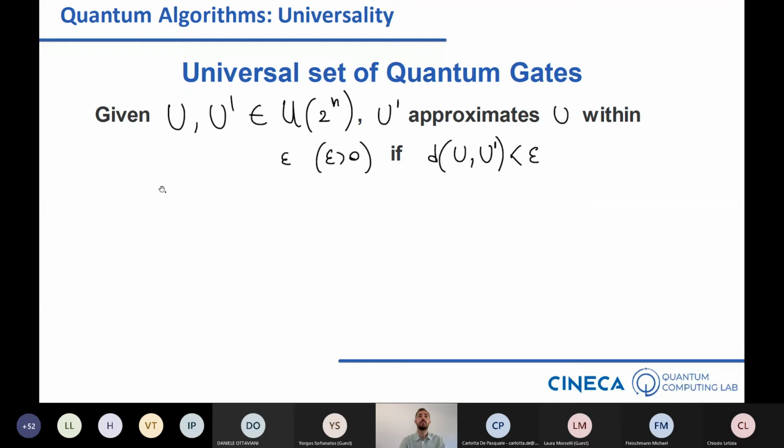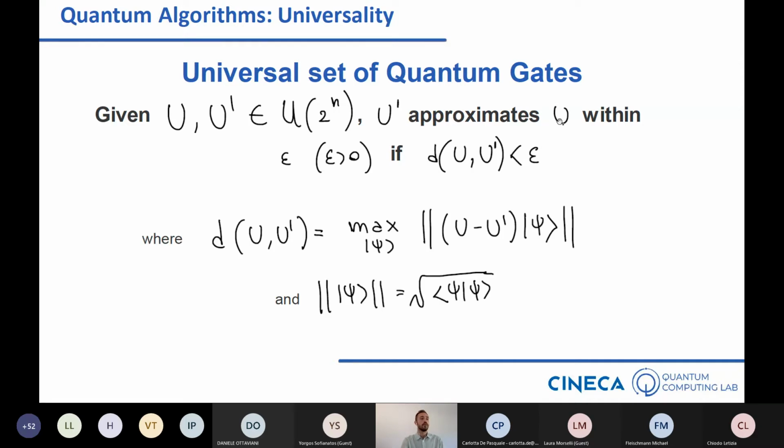What does it mean? It means that if I have 2 unitaries belonging to U(2^n), and U prime approximates U within some epsilon, which is small but greater than 0, if the distance between the two is less than this epsilon, then you say that U prime approximates U.